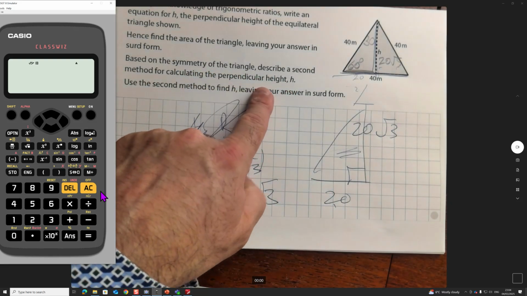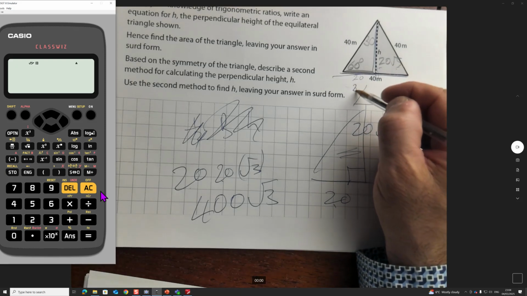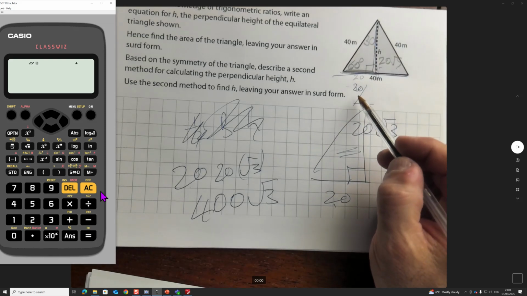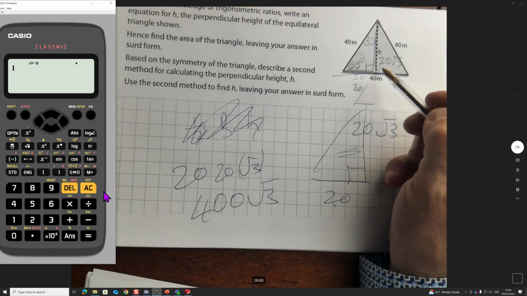Based on the symmetry of the triangle, describe a second method for calculating the perpendicular height. Maybe what I did was, okay, oh yeah, so you could use inverse. You could put 20 here, right angle here, and 40 here, and do the inverse. So where do they meet?